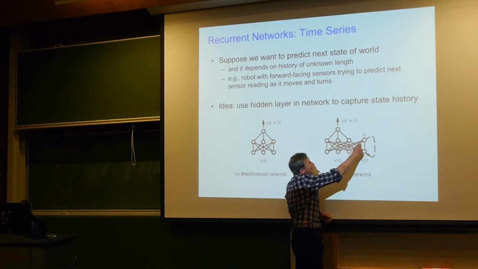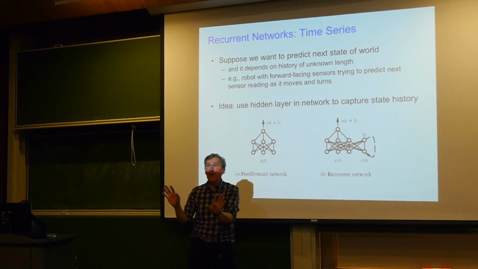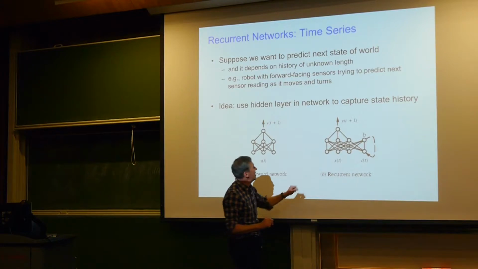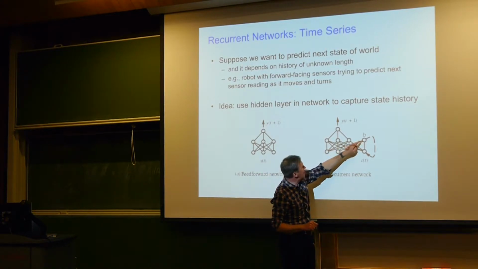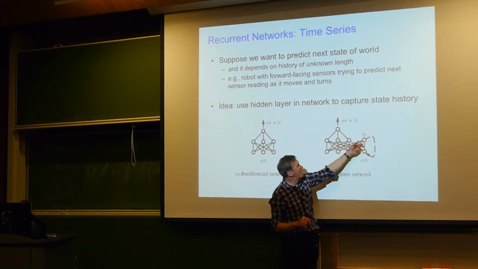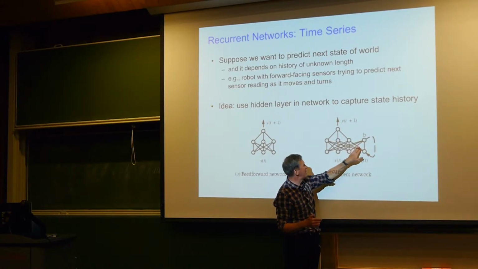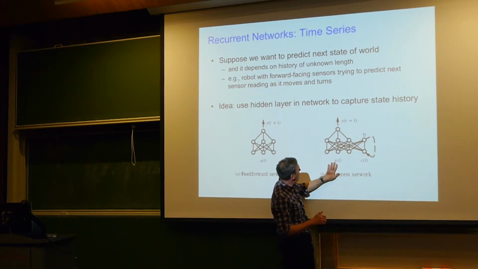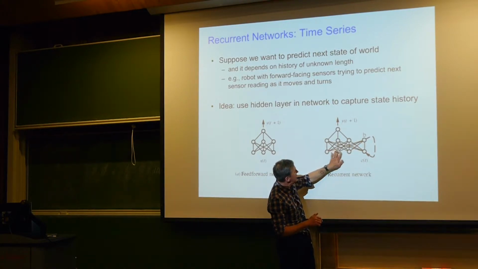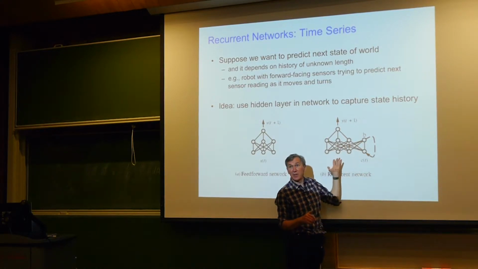The learning procedure has to figure out how to make sure this happens, but this unit's job is to summarize the previous input in some value, and this could be multiple nodes, so it could be a code for the previous input. So now I'll input x at time t, but also this context at time t, which is summarizing the previous input.